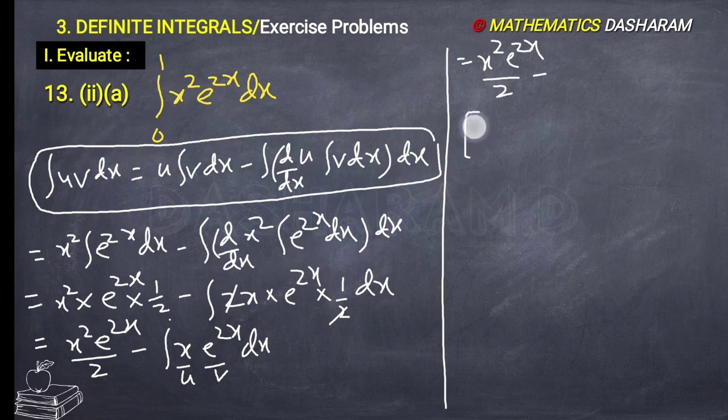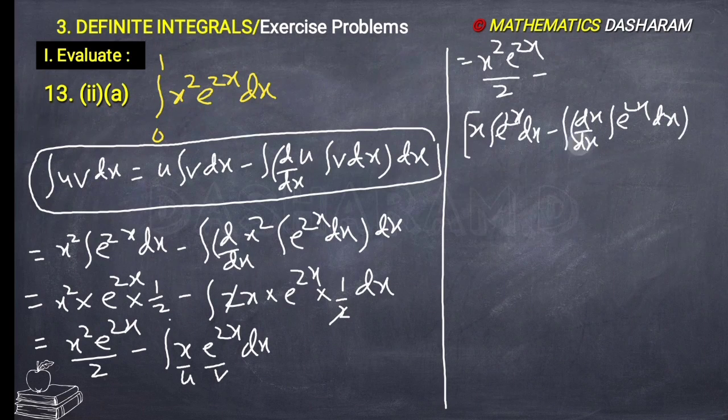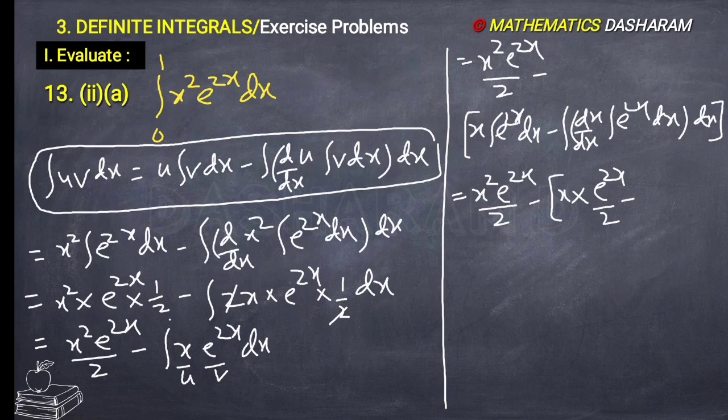So then x into integration e power 2x dx minus integration d by dx of u integration e power 2x dx whole dx. Next it is equals to x square into e power 2x divided by 2 minus x into e power 2x divided by 2 minus 1 into e power 2x divided by 2 whole dx.